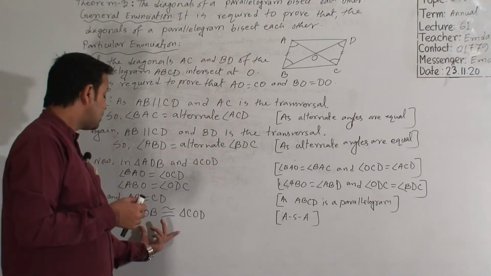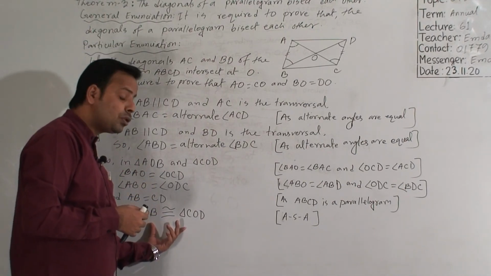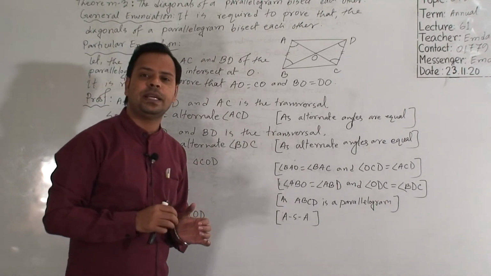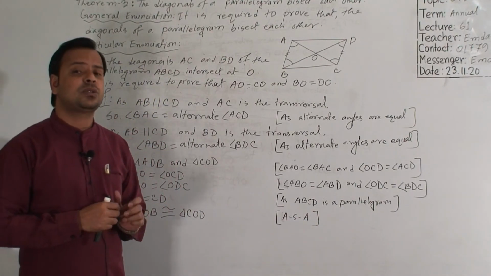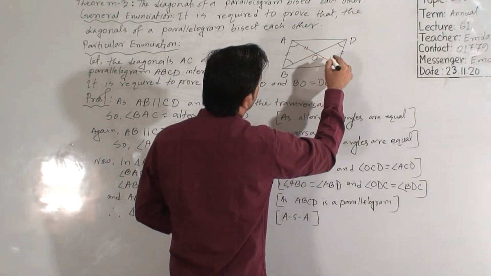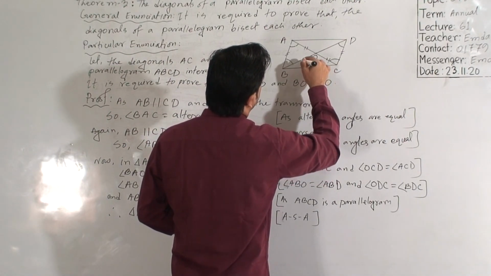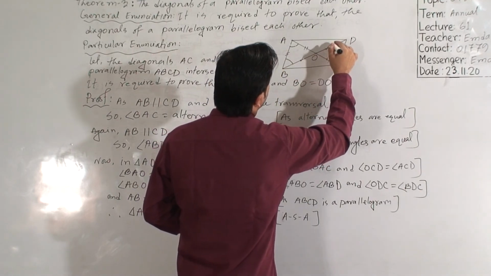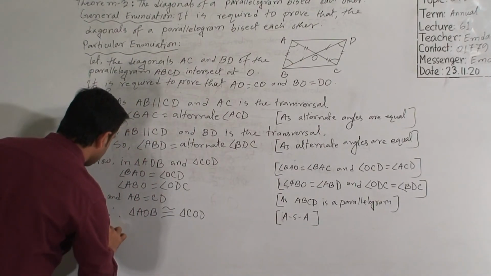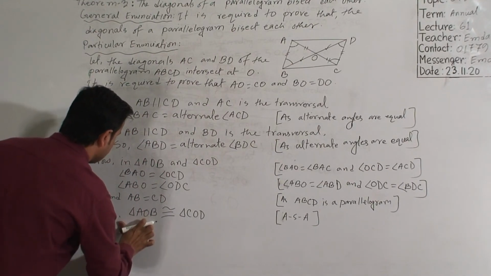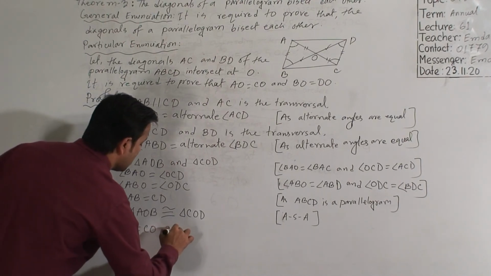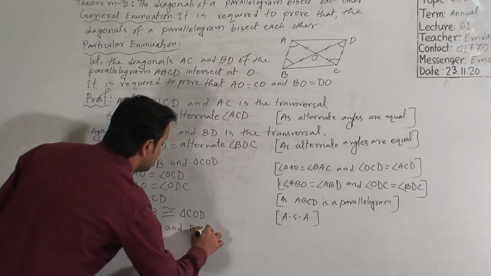Okay, as these two triangles are congruent, the corresponding sides of these two triangles will also be equal. So we can say AO equal to CO and BO equal to DO.